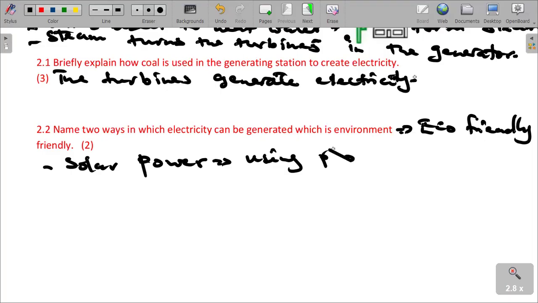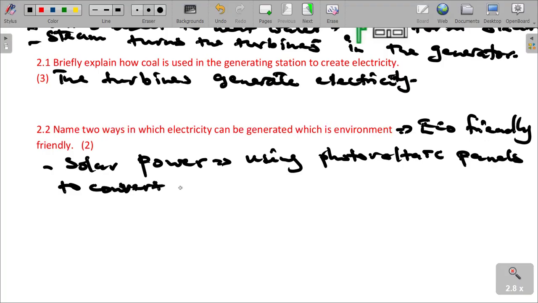It uses the photovoltaic panels to convert solar energy into electricity.